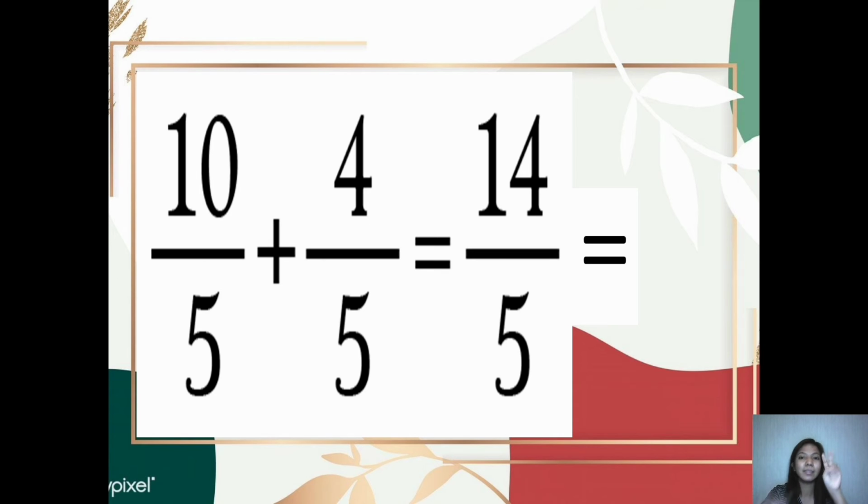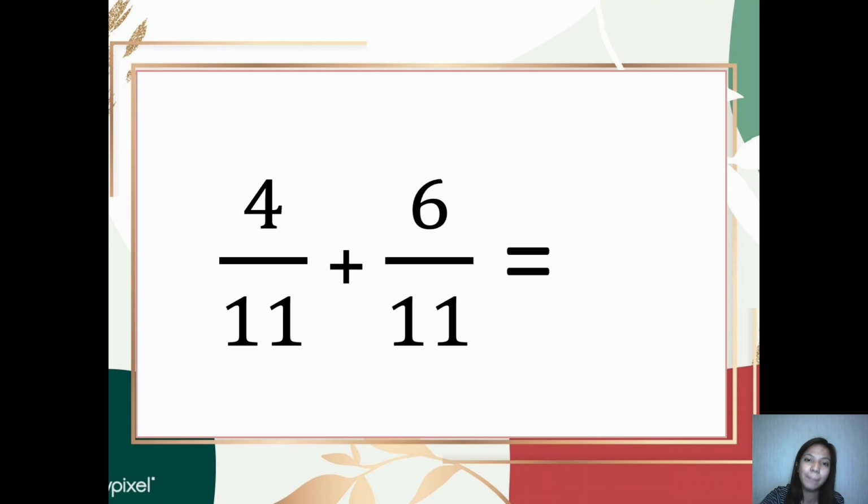And then, how many left? 4. Then just simply copy 5. Understand? So this is the example of how you're going to simplify your answer. So the 2 and 4/5 is the final answer.